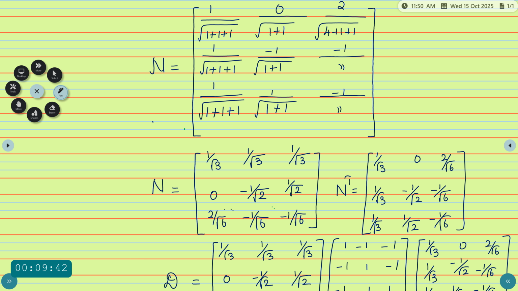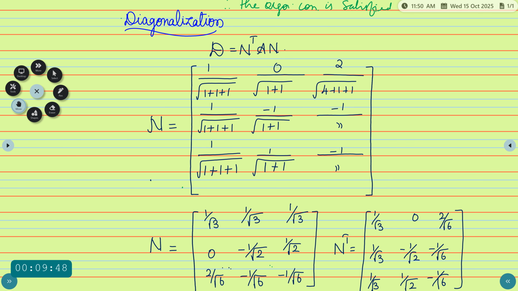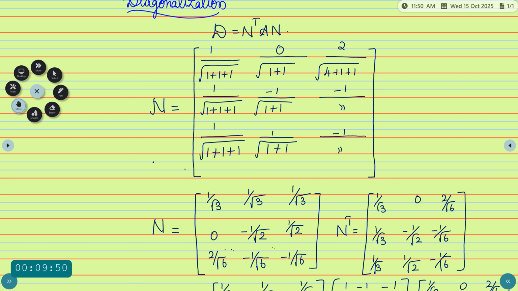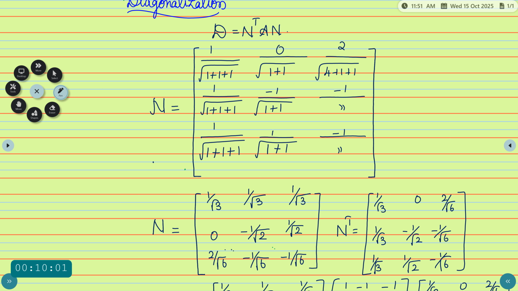Next, move on to the diagonalization. What is the diagonalization formula? D equal to N transpose A N. Now we are going to form the normalized modal matrix, that is N, and A is the given matrix. How do we form the normalized modal matrix?